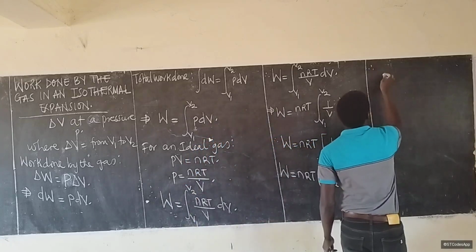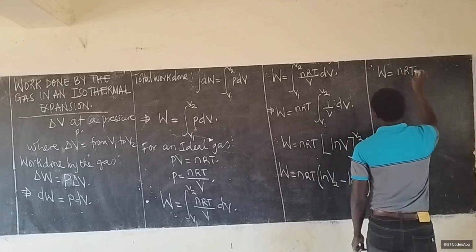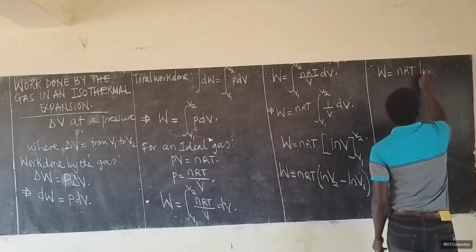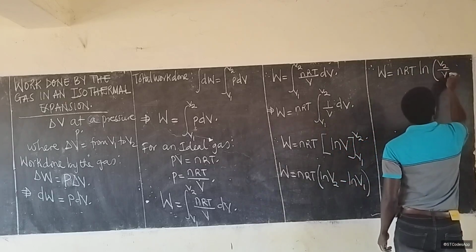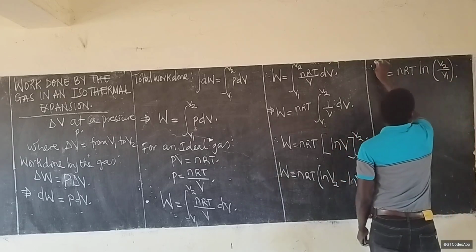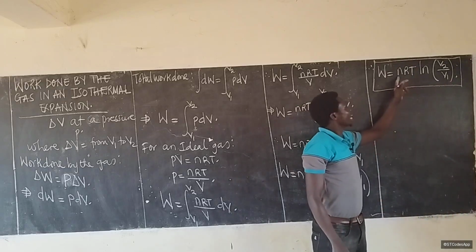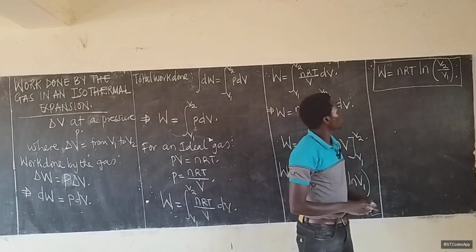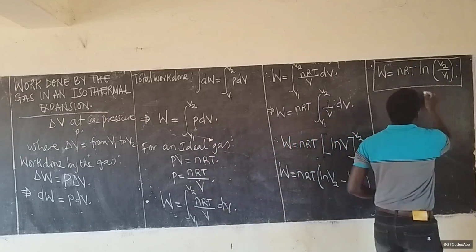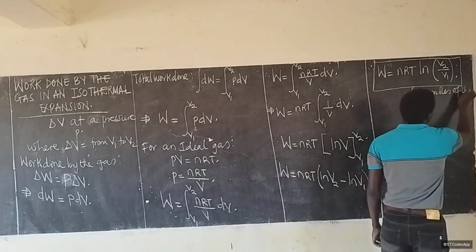So the work done is equal to nRT ln of V2 out of V1. This gives us the work done by an expanding gas during an isothermal process, and this is for n moles of the gas.